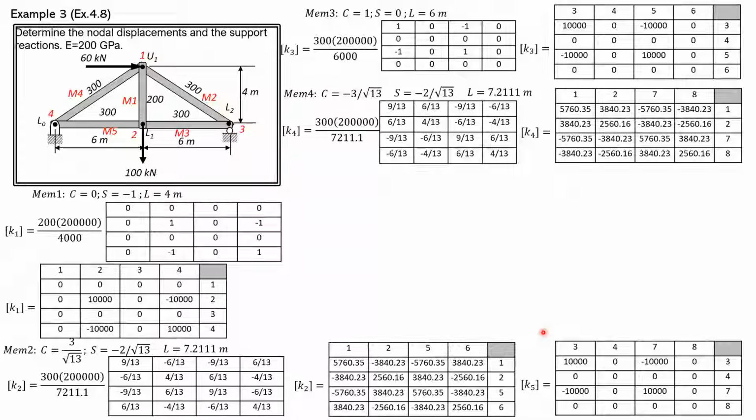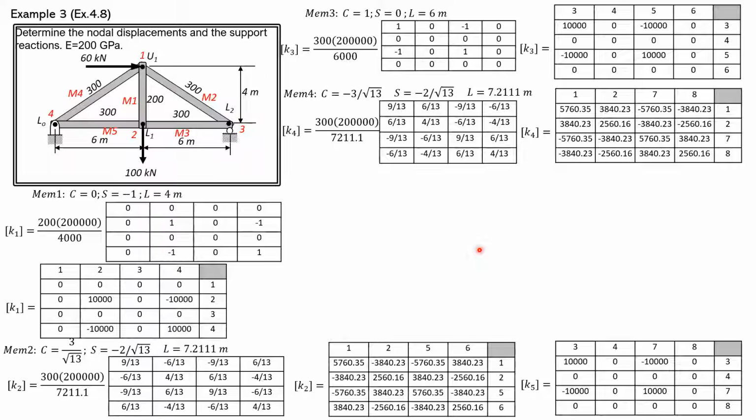Because the stiffness of member 5 is almost the same as member 3, the cosine is negative 1, so of course its square is positive 1, then its sine is 0, so the form of stiffness would be the same, except member 5 is 3, 4, 7, 8. So it's the same. This is K of member 5. I think everything is finished.